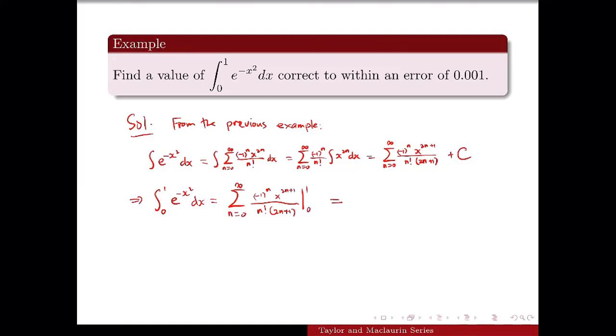And after the evaluation, take note that at x equals 0, everything here will disappear. At x equals 1, we have just negative 1 to the n over n factorial times 2n plus 1, n from 0 to plus infinity.